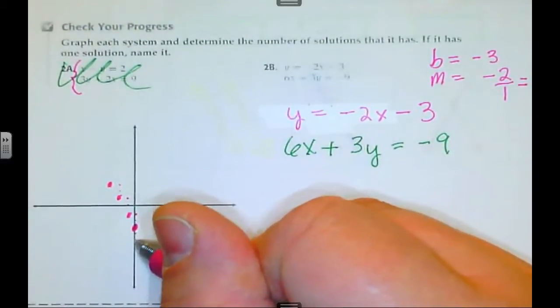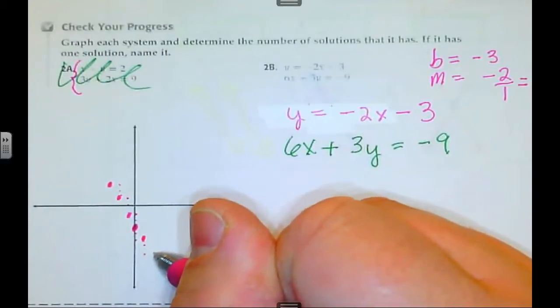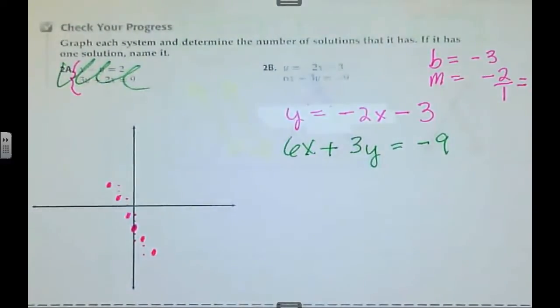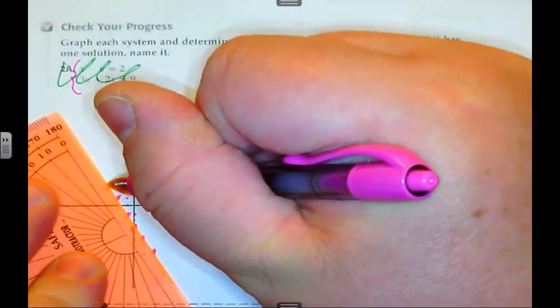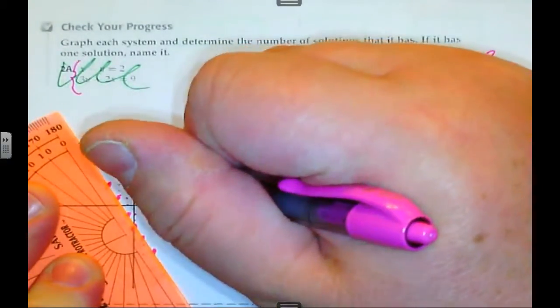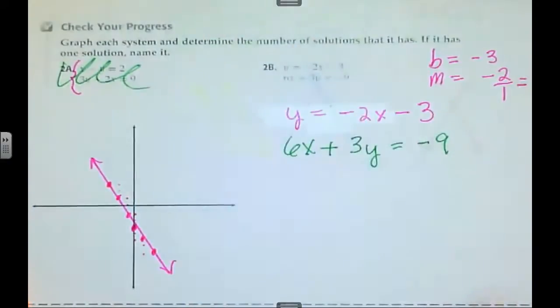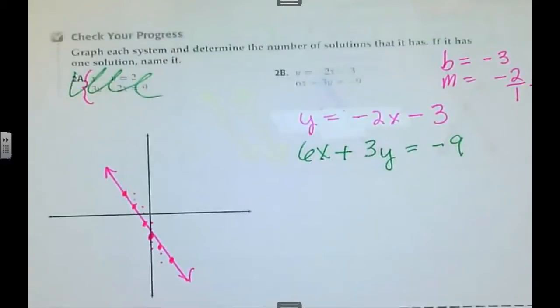I'm going to go down 2 to the right 1, down 2 to the right 1. There's my first line. And again, this is where you're going to have to use a straight edge. So if you need a ruler or something, they're up here. There's my first linear equation in the problem.